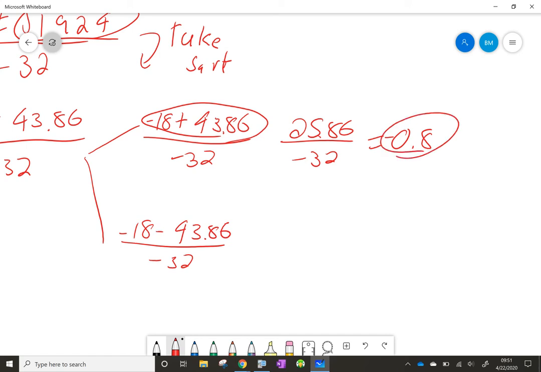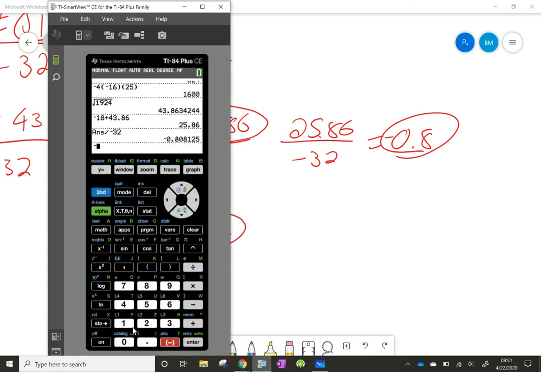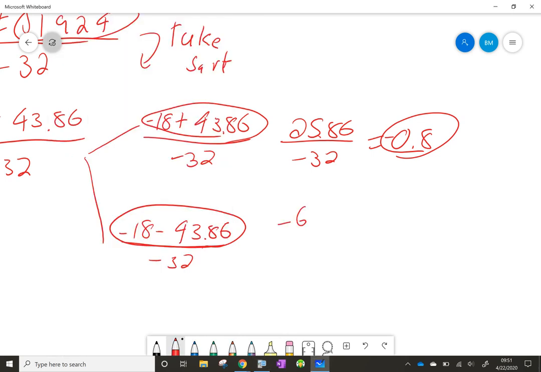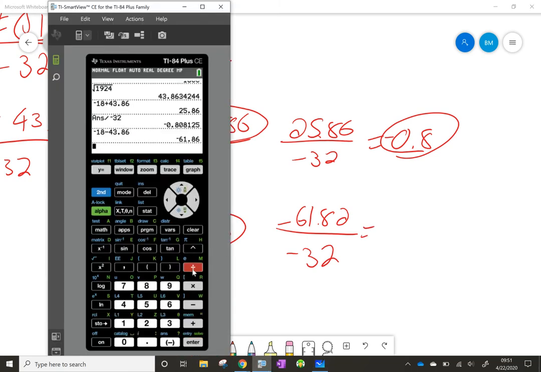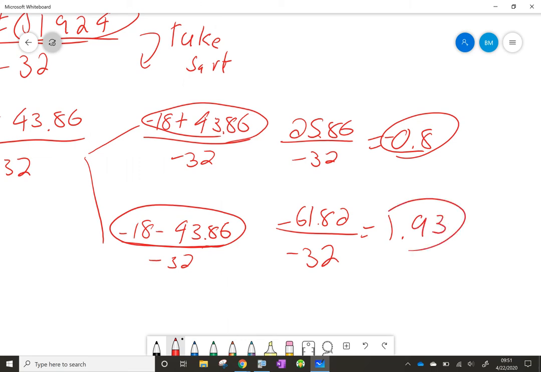Now let's do the other one, where we subtract. Negative 18 minus 43.86 is negative 61.86, still divided by negative 32, don't forget. Let's type that in the calculator and divide by negative 32. We get positive 1.93.